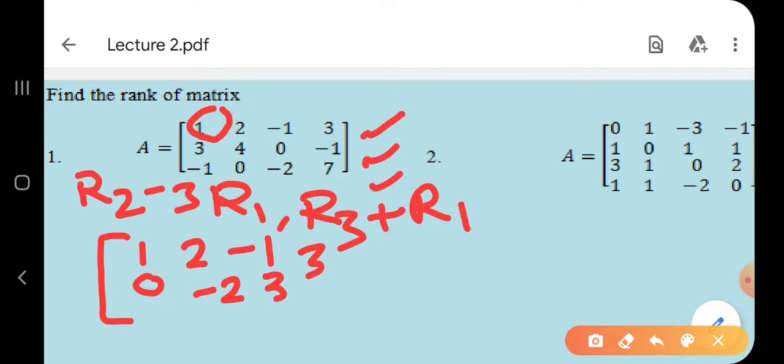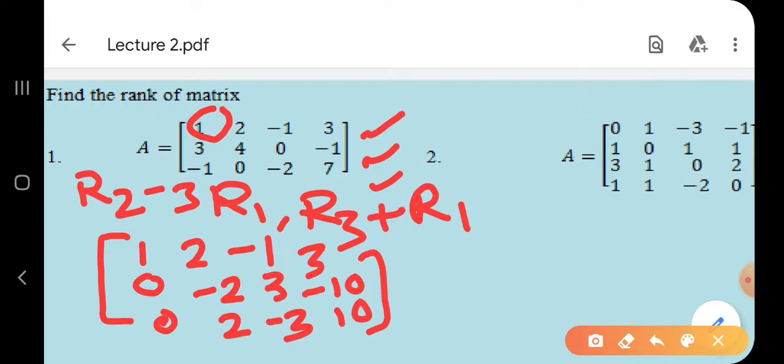Minus 3 into minus 1 is plus 3, minus 1 minus 9, so I get minus 10. Correct. Last row, addition of these two: 1 minus 1 is 0, 0 plus 2 is 2, then minus 2 minus 1 is minus 3, and 7 plus 3 is 10.